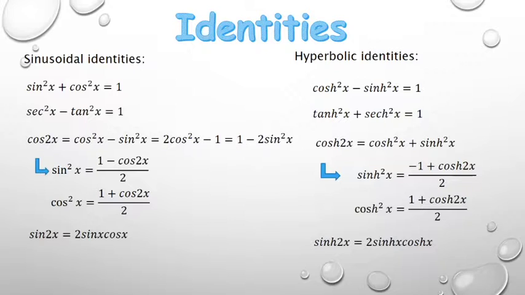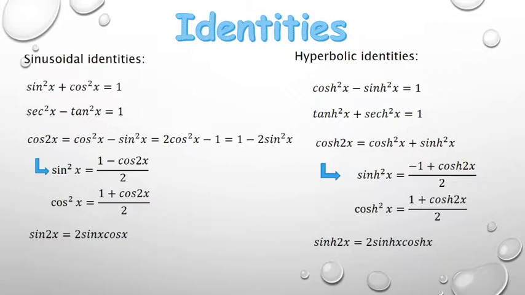Therefore, sine hyperbolic square of x equals (minus 1 plus cosine hyperbolic of 2x) over 2, and cosine hyperbolic square of x equals (1 plus cosine hyperbolic 2x) over 2. Sine hyperbolic of 2x equals 2 sine hyperbolic x cosine hyperbolic x.